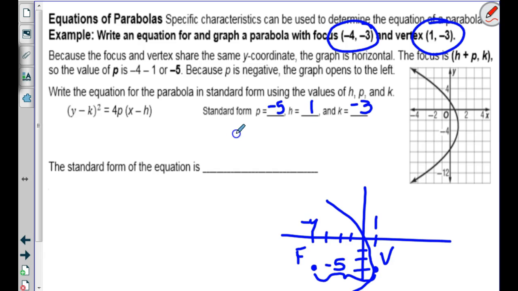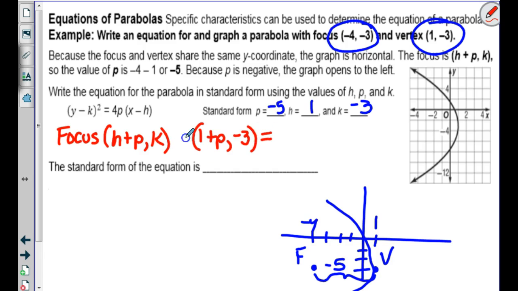I want to talk about how to find that P value using the recipe. For a sideways parabola, what is the recipe for focus? (H plus P, K). As soon as they gave us the vertex, we knew what H and K were. H is 1 and K is -3.